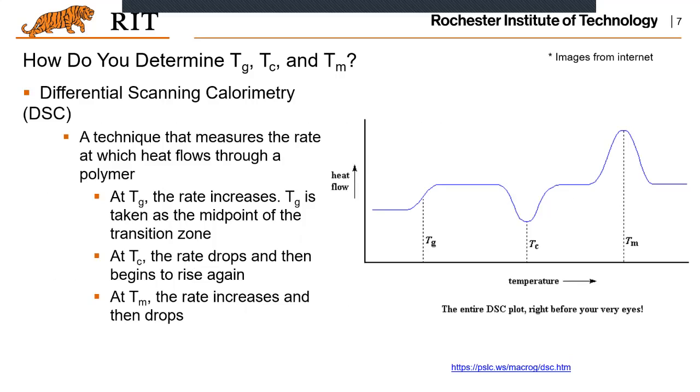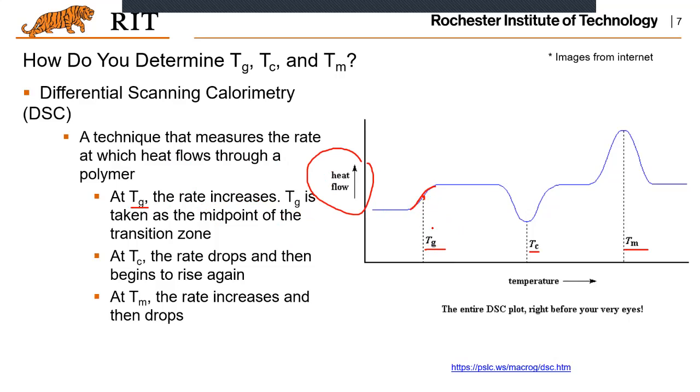So here I show you some of the plots for these temperatures: the crystalline temperature, glass transition temperature, and melting temperature, right? Also, there's a relationship between these temperatures and the heat flow. At the glass transition temperature, the heat flow increases, and you want to find the midpoint of this increasing part.